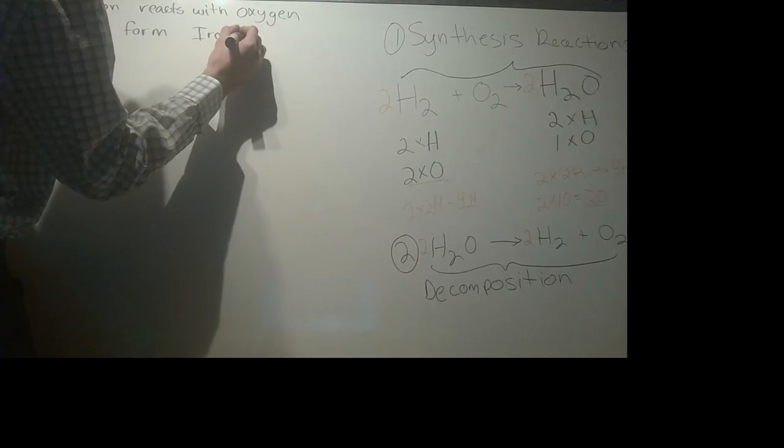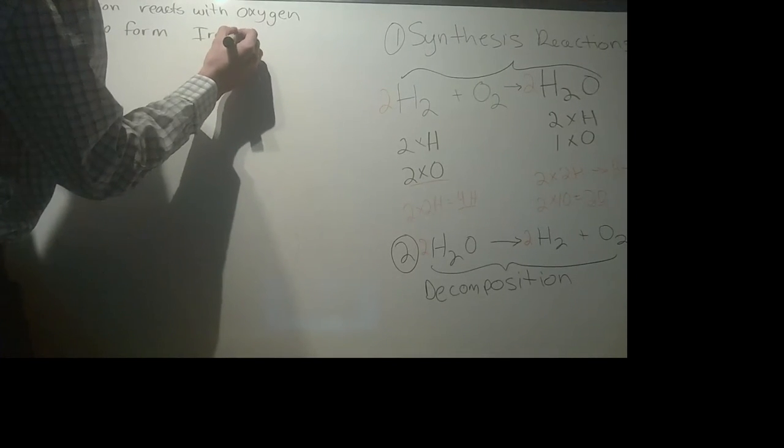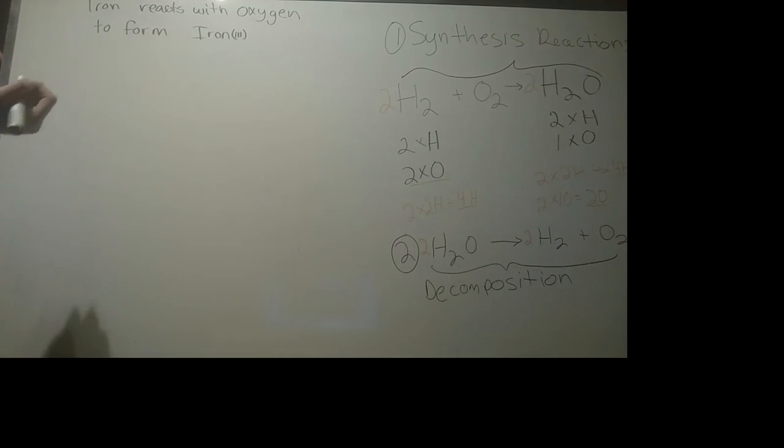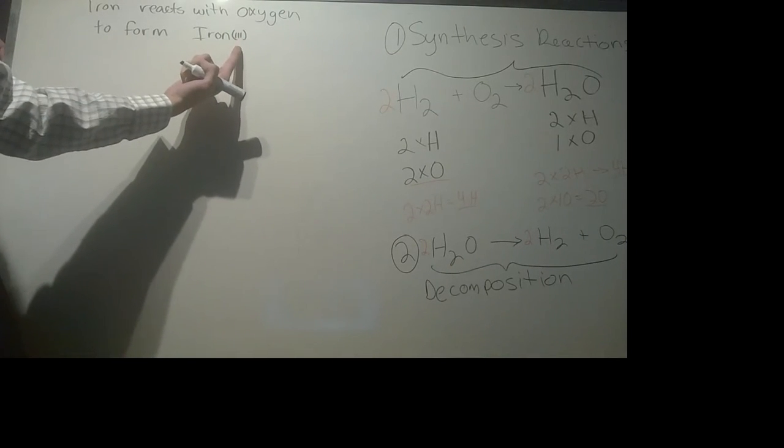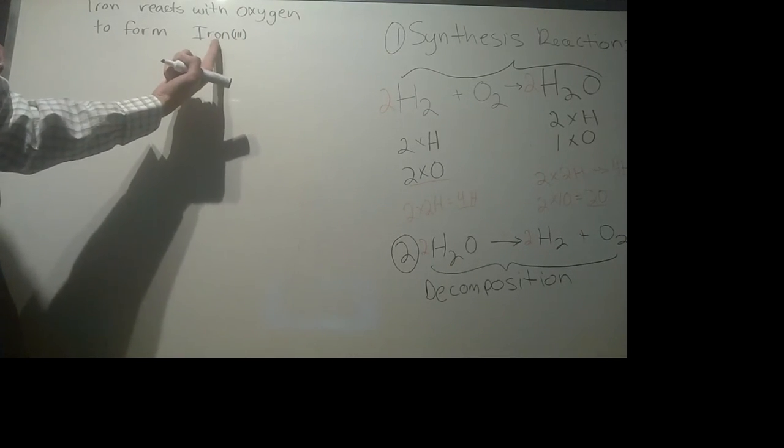And it's important in this reaction that we state the charge of iron, so we're going to say that it's iron(III) oxide. And you don't need to worry about this too much, but just keep in mind that if you see a Roman numeral inside a bracket like this, it's telling you the charge of the metal before it.